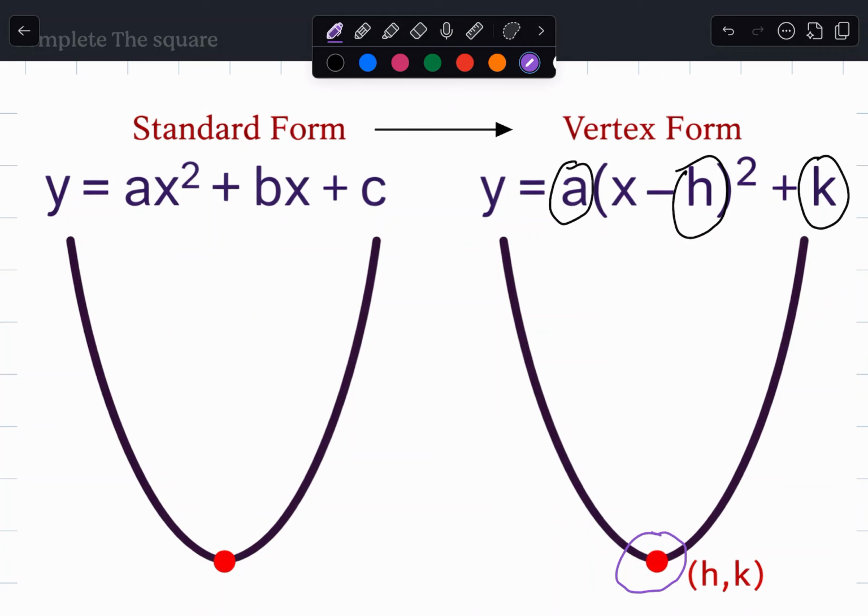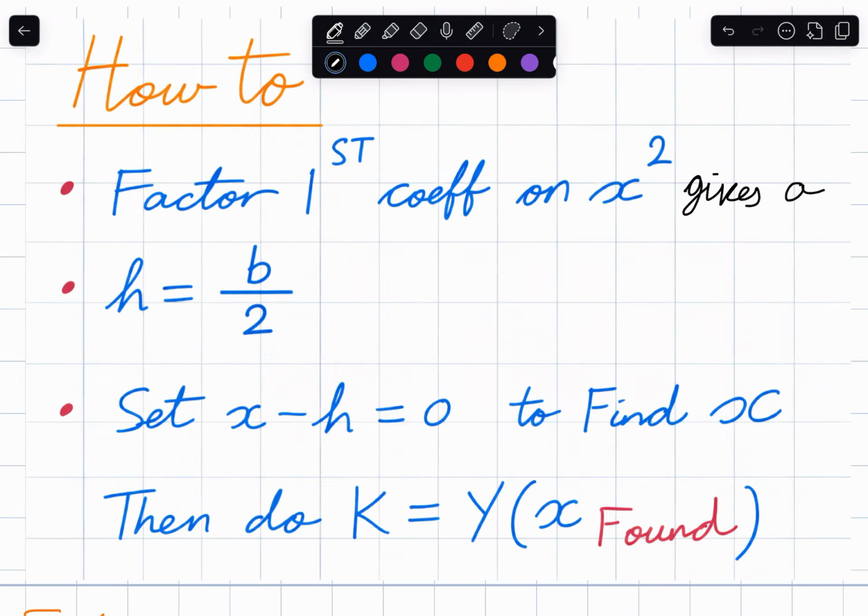We can achieve this by doing just 3 steps. The first step is to factor out the first coefficient, the coefficient of the x squared term. And by the way, this is going to give us our a. We can find h by dividing b over 2. And then last, we can find our k by setting whatever we have inside the bracket, x minus h, equal to 0.